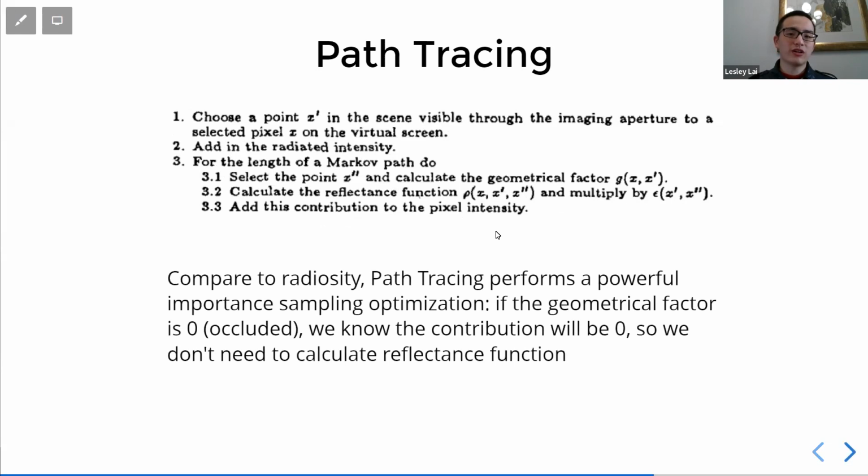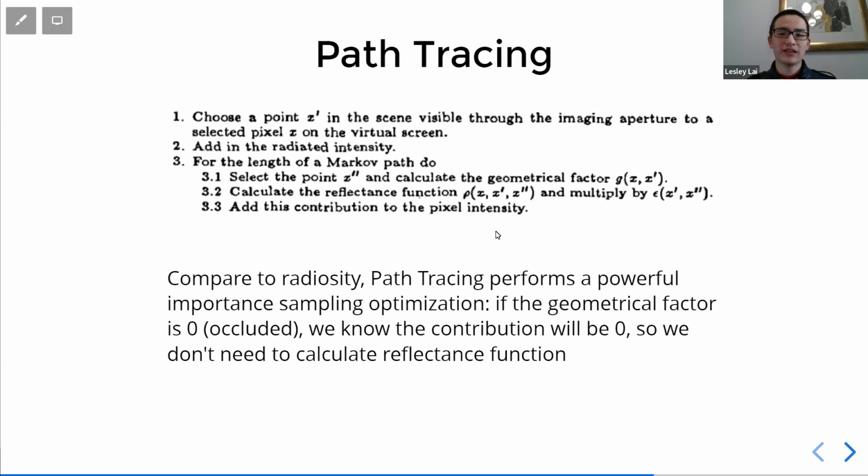So compared to Radiosity, path tracing actually performs a powerful importance sampling optimization, even though we don't usually think this way. If the geometry factor is 0, which means the point is occluded, then we know the contribution is 0, and we don't need to continue to calculate the reflectance function.